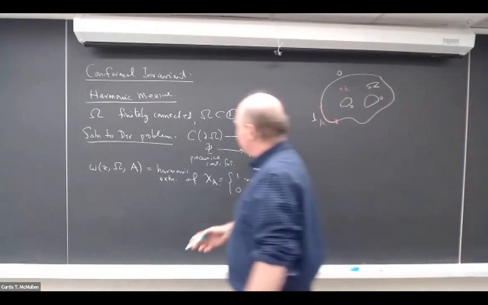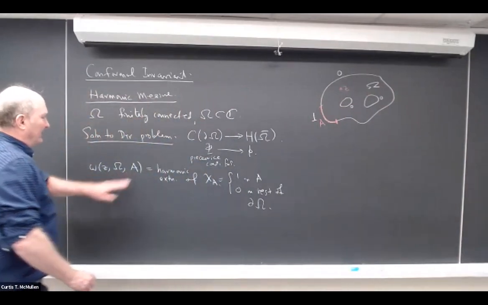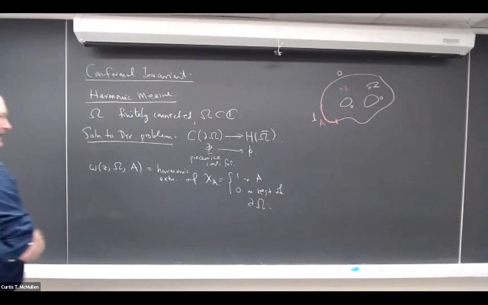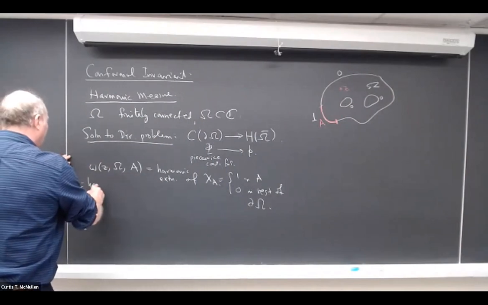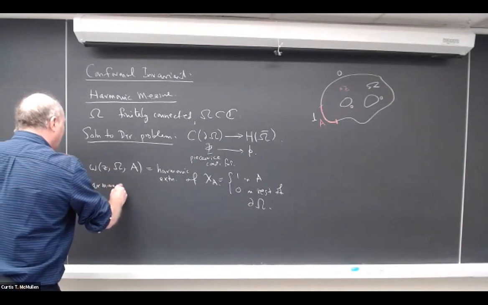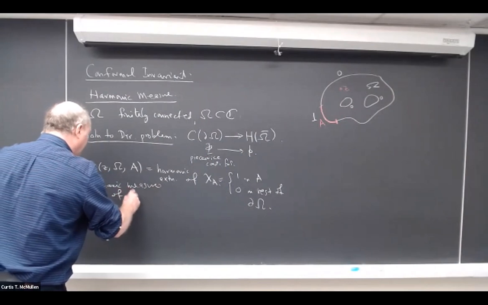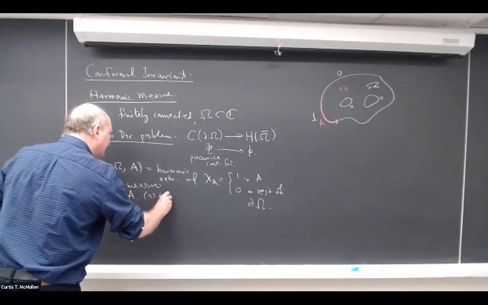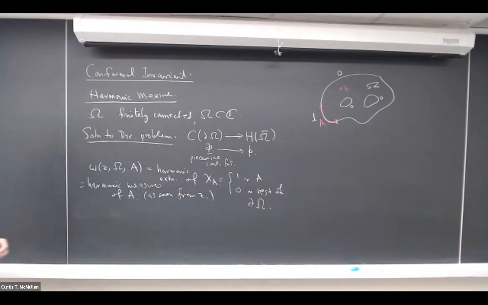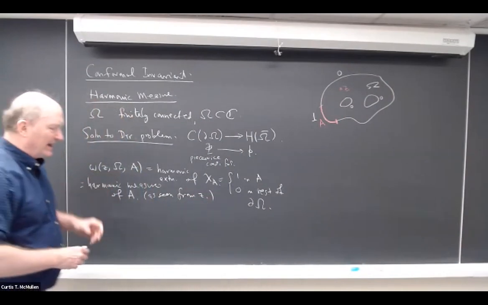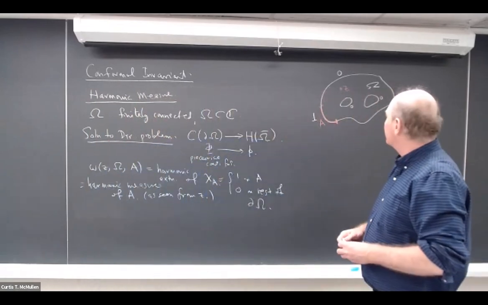So indeed, this behaves like a probability measure as we vary the set A. Okay, so this is called the harmonic measure of A, as seen from Z, and one should keep the domain omega in mind as well, which is why the notation records all three of those quantities.